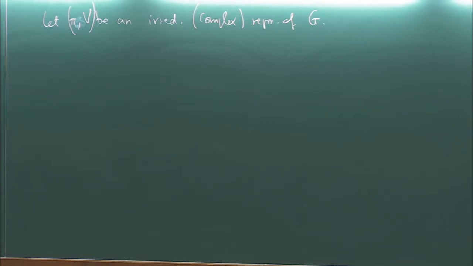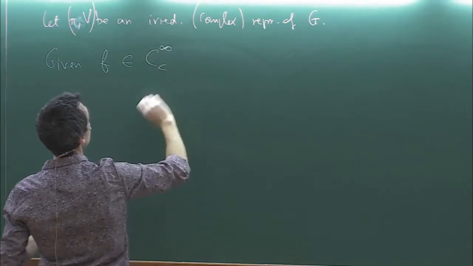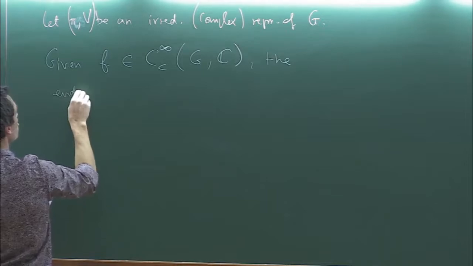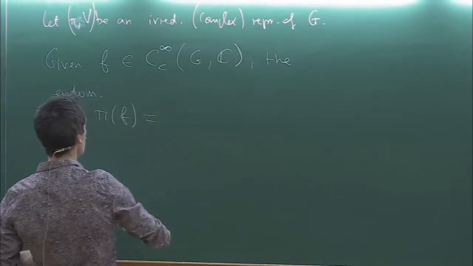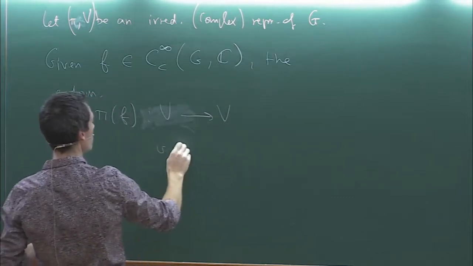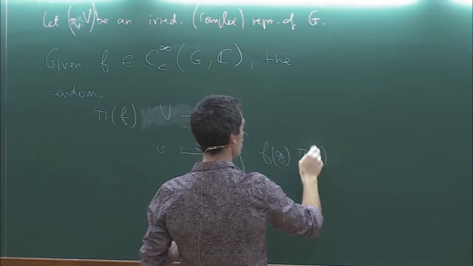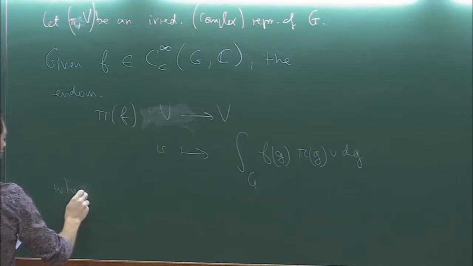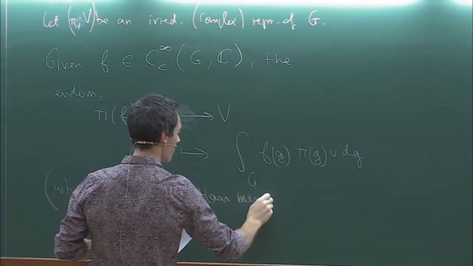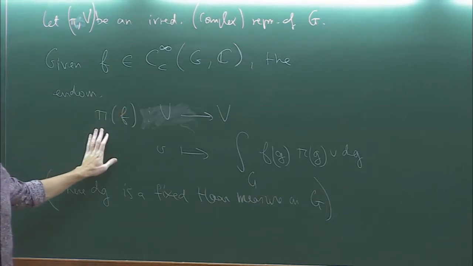So one cannot speak of the trace of pi, but given a function f compactly supported and locally constant on G, you consider the following endomorphism, denoted pi(f), which is the endomorphism of V defined as the integral over G of f(g) pi(g) v dg, where dg is a fixed Haar measure on G. Since f is compactly supported and locally constant, this endomorphism has finite rank.